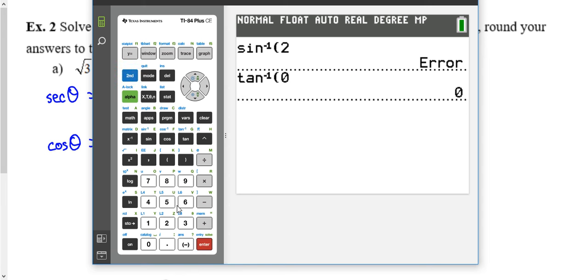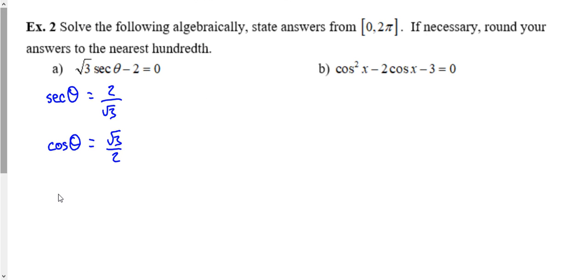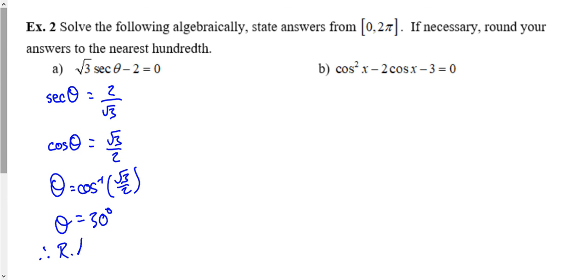So again, going straight to my calculator, cos inverse of root 3 over 2, or I could have used my unit circle, whatever's faster. I have 30 degrees. We know theta is equal to 30 degrees, so therefore that's our reference angle. So let's find where cos is going to be positive.